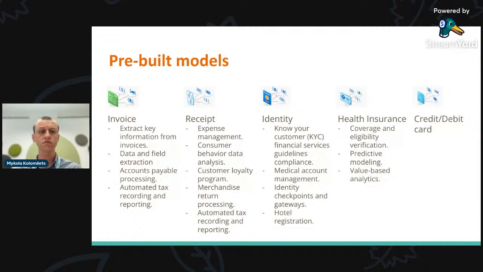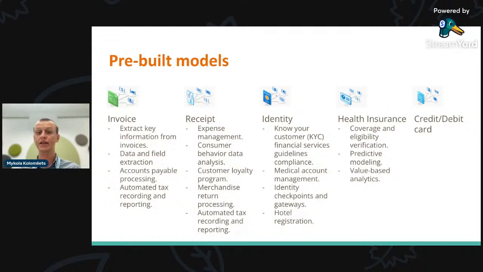You can extract data from the invoice, maybe some account stuff, taxes, and so on. The same for receipts. Based on this model, you can automate some related processes, for example, customer loyalty programs, merchandise return processing, automated taxing. So it is a really helpful tool here.